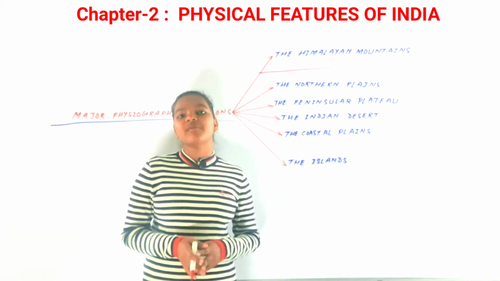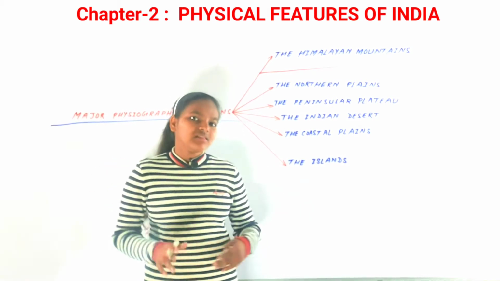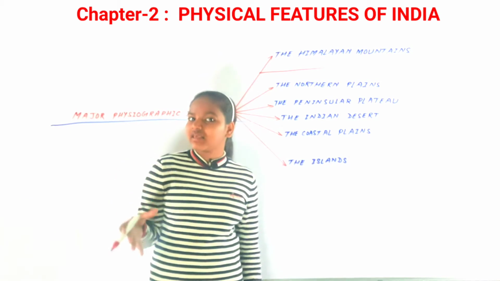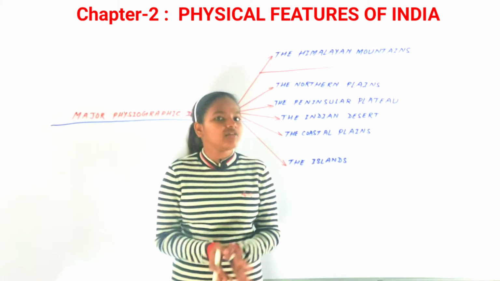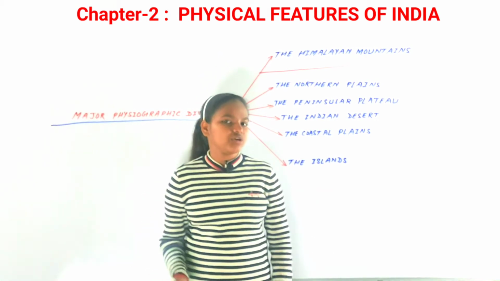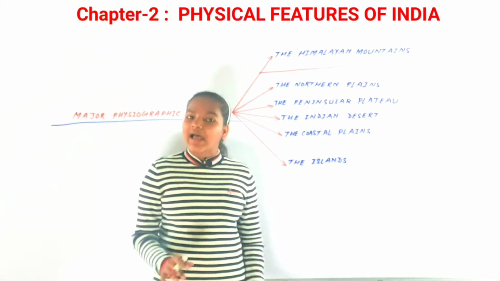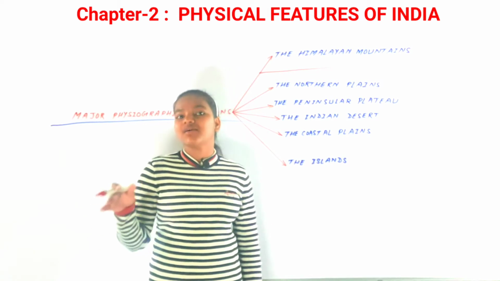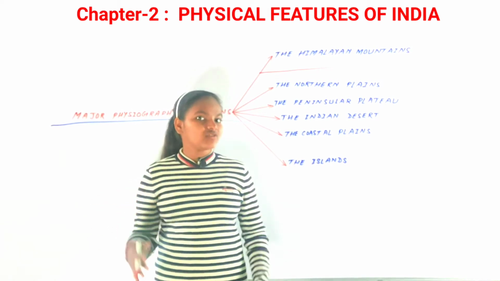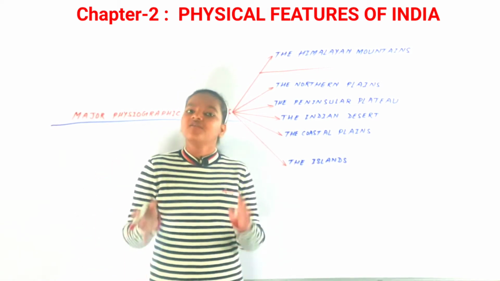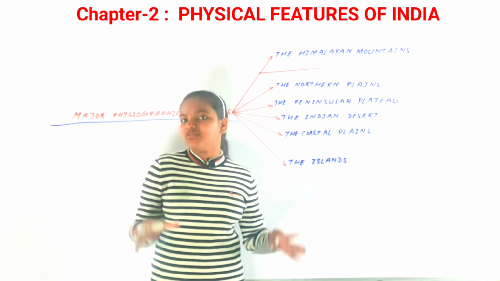This second range is also about tourism, as there are many hill stations in it. The average width is about 50 km, and the altitude of this range is about 3,700 meters to 4,500 meters. So that is our second range.